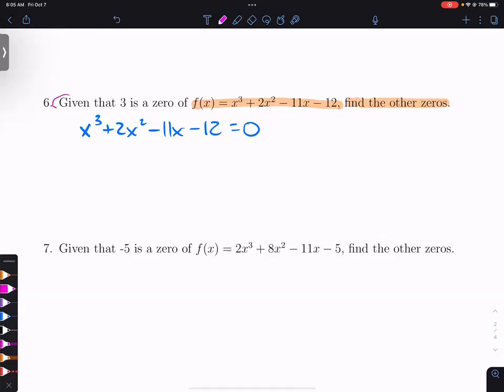So the thing that the problem statement tells us is that 3 is one of the solutions. So when I work through and solve this, one of the solutions is x equals 3, right? I'm giving you that. I'm asking you to find the other 2.